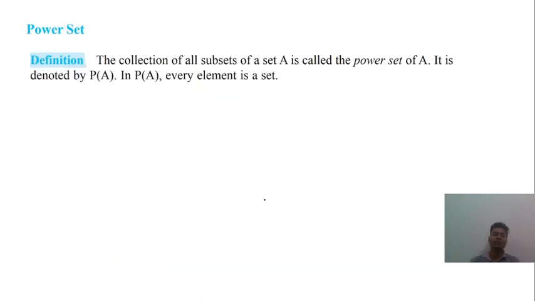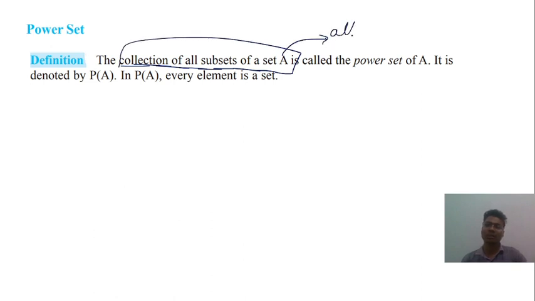Coming to our next topic, that is power set. The collection of all subsets is called the power set. Collection of all subsets of a set means you will have to make all subsets of A, and then collect them.